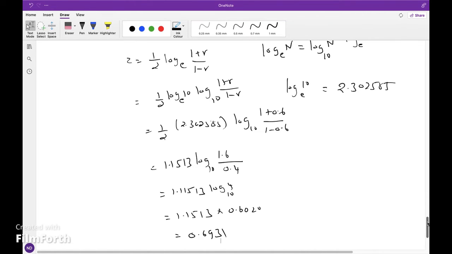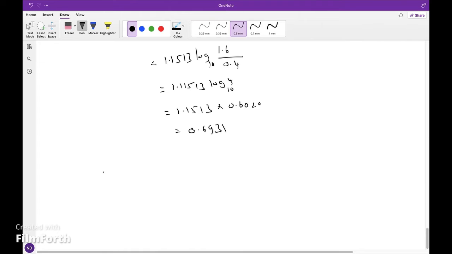Similarly, Z naught is equal to 1/2 log base e of (1 plus rho)/(1 minus rho). Just like the previous procedure, 1/2 into log of 10 base e into log base 10 of (1 plus rho)/(1 minus rho).